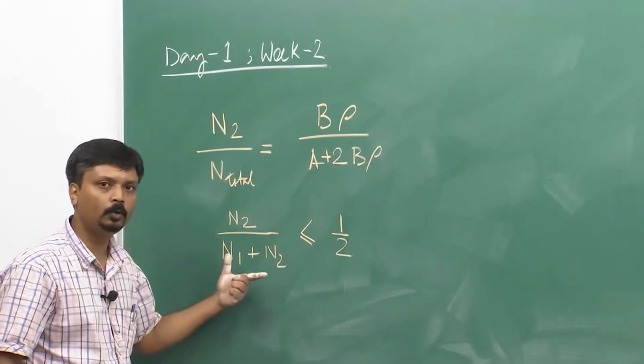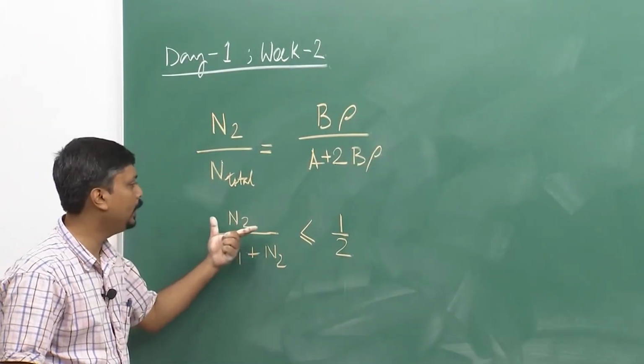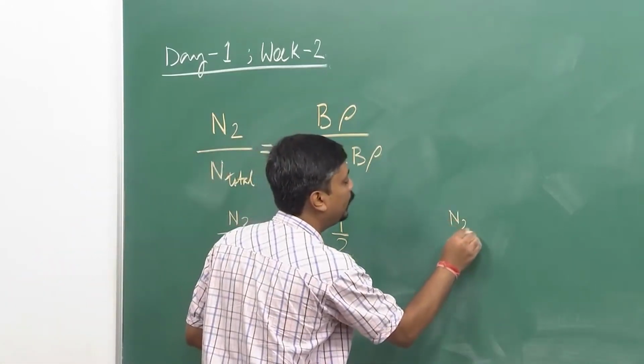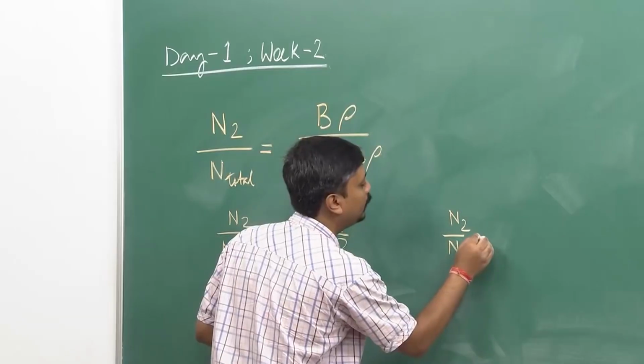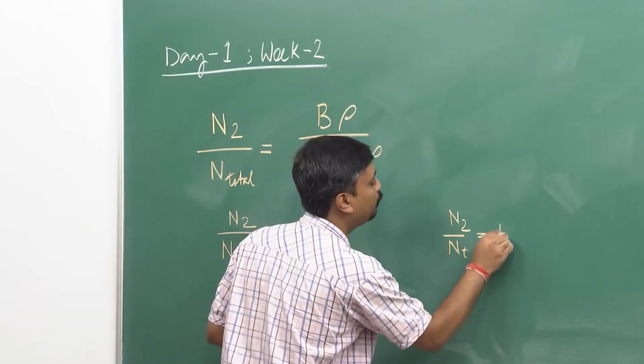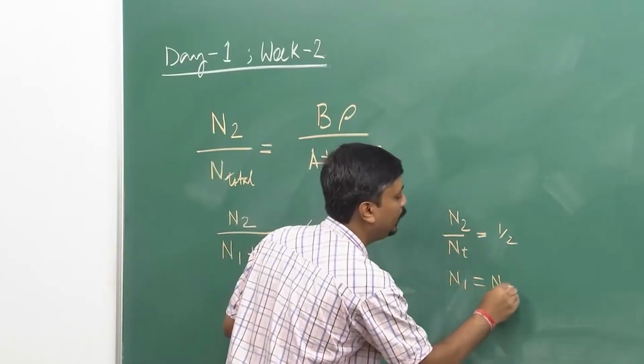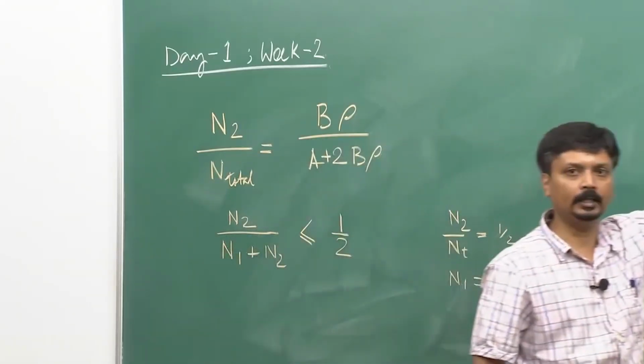I cannot get more than that. So, when N2 by N total is equal to half, that means N1 equals N2, which is essentially this condition.